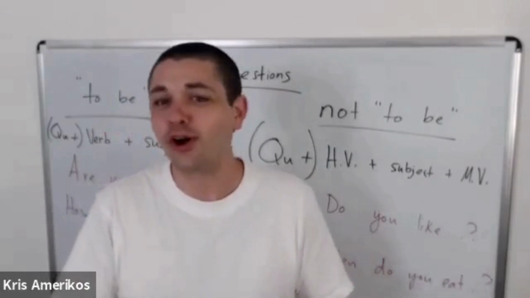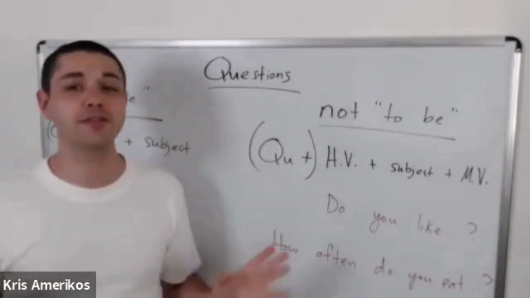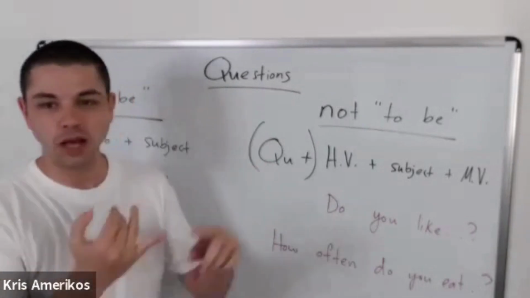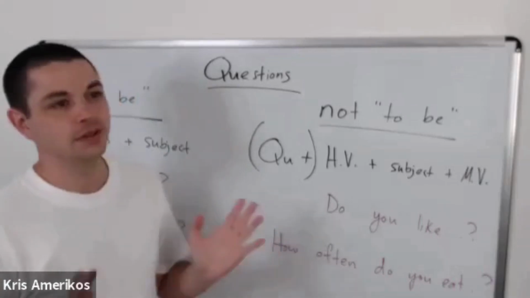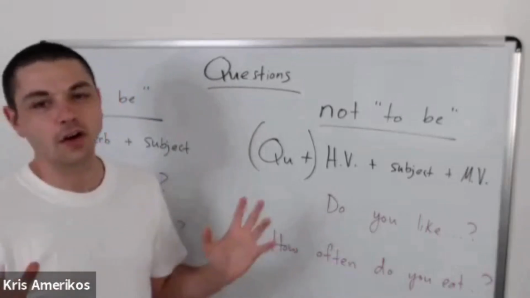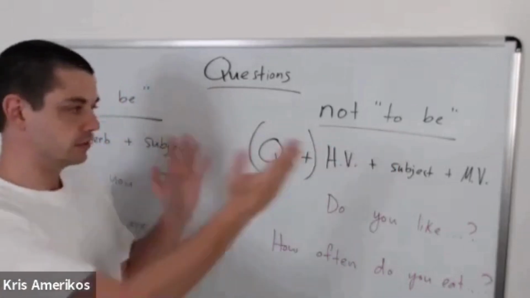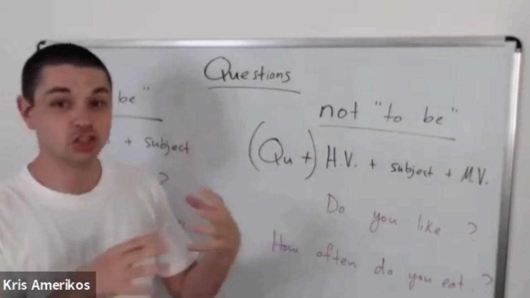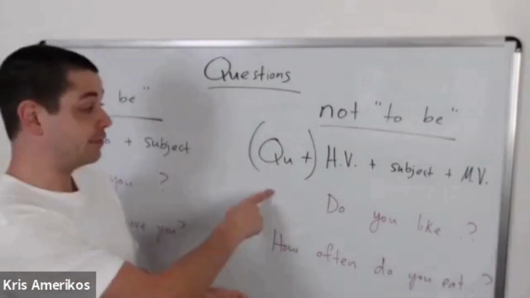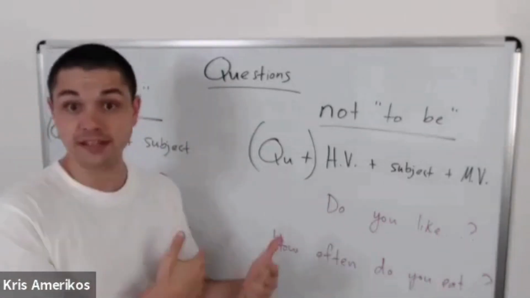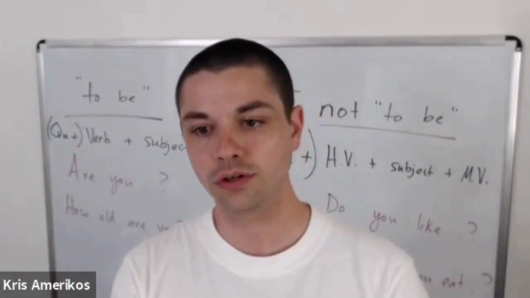But most verbs are not the verb to be. So for every other verb, run, think, jump, swim, sleep, do, have, for all other verbs, not to be, we have a different structure, a different format. So again, we can have a question word or phrase.